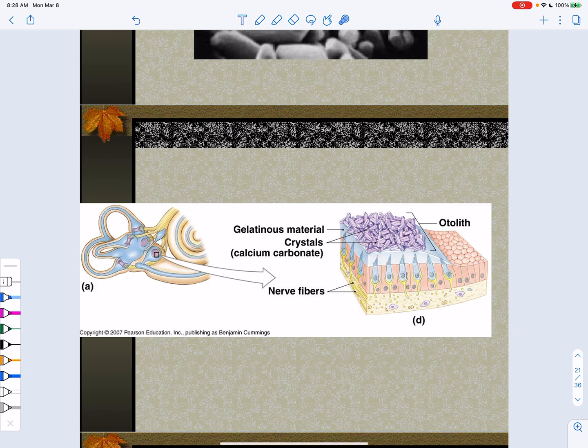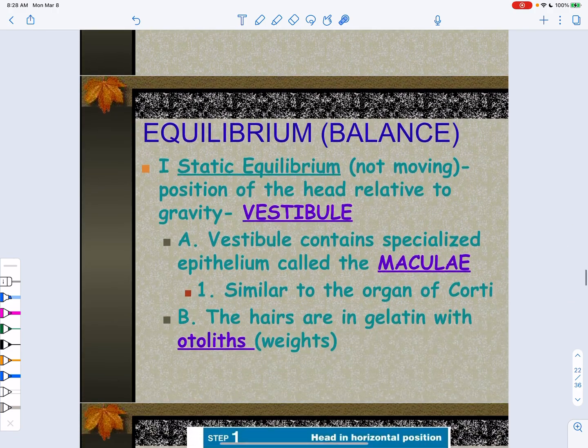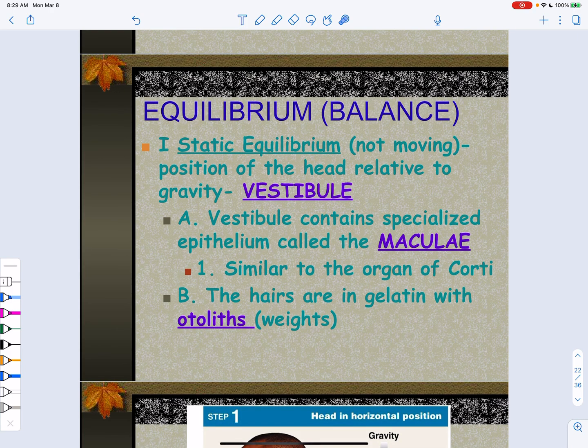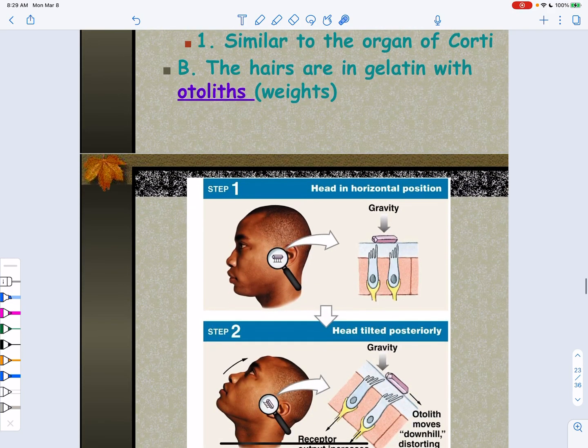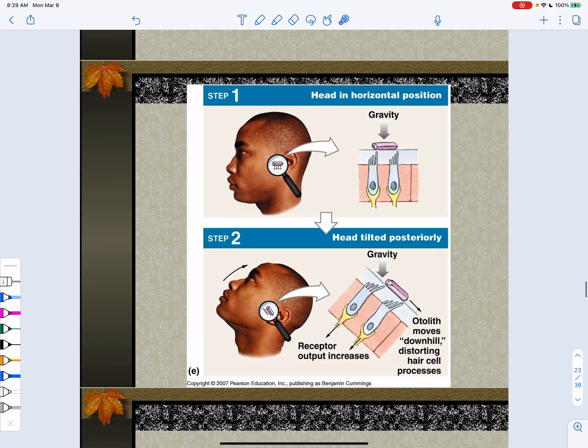And of course, these are going to be connected to the nerve fibers, and then the nerve fibers are going to run to the brain. All right. So very similar to all of the other parts of the ear we talked about, you are going to have these little hairs that are going to detect movement of the otoliths.